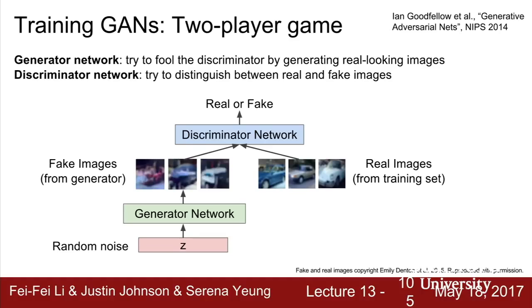So the idea is, if we can train a good discriminator that does a good job of discriminating real versus fake, and our generator network is able to generate fake images that successfully fool this discriminator, then we have a good generative model. We're generating images that look like images from the training set.